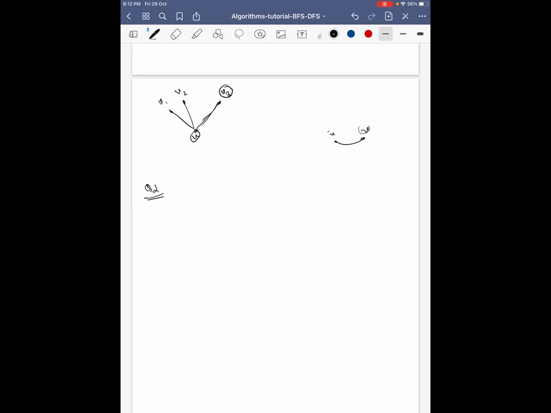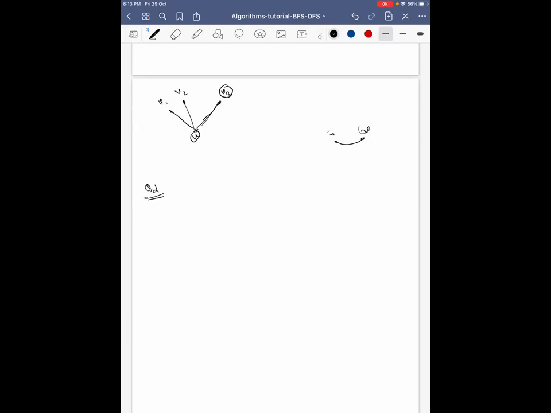You may consider back edges, but then you would have to run BFS multiple times, I guess. Well, not necessarily multiple times, but suppose we start from the town hall.